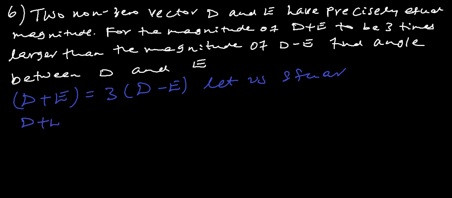The magnitude of D plus E, the whole square, is equal to 3 square times the magnitude of D minus E, the whole square.